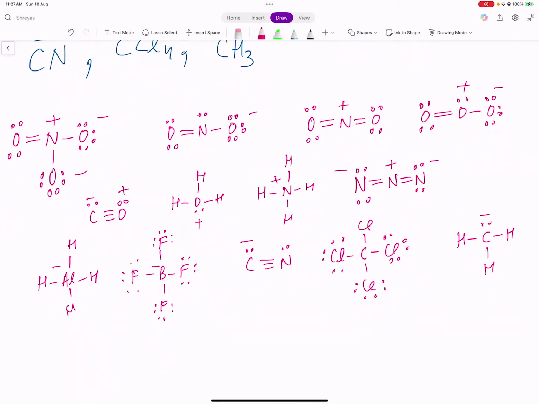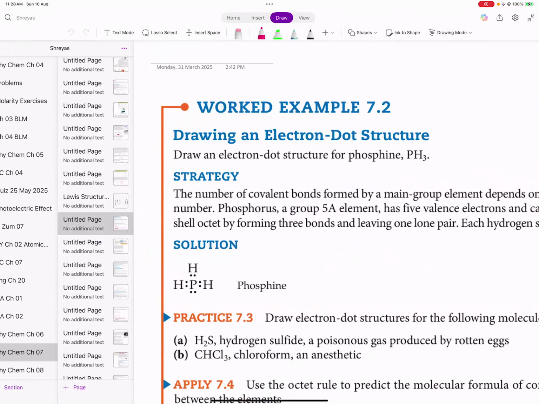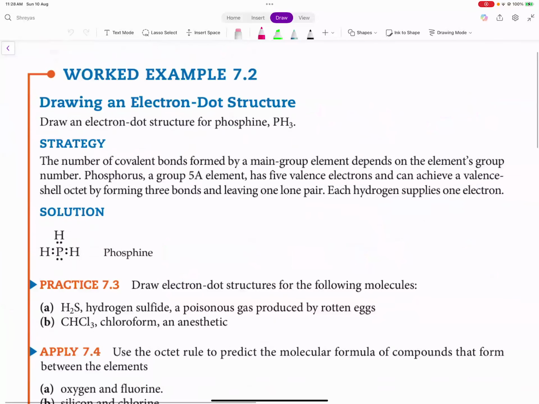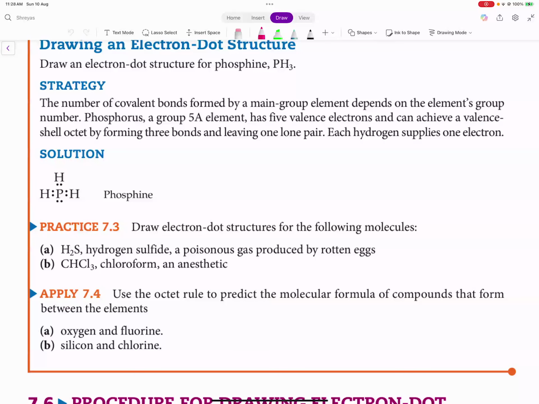Check. Yes, sir, I think so. Do this, 7.3, 7.